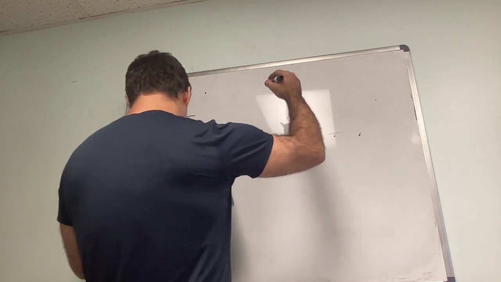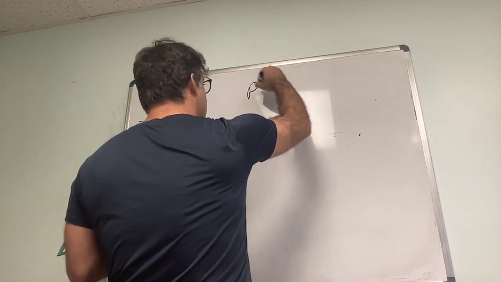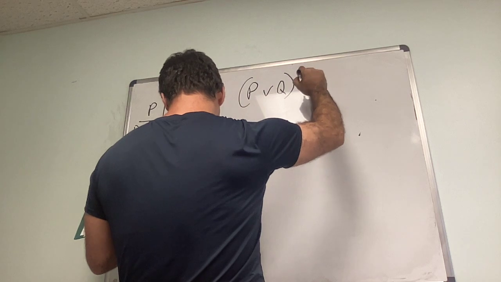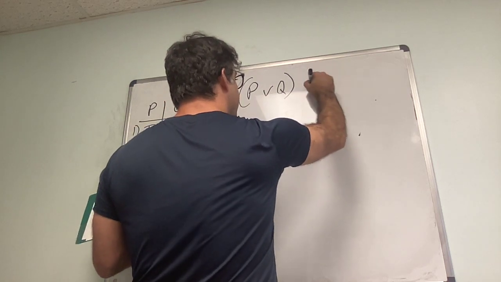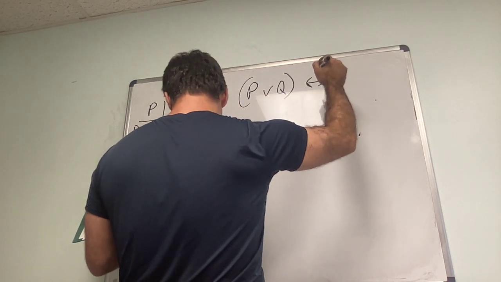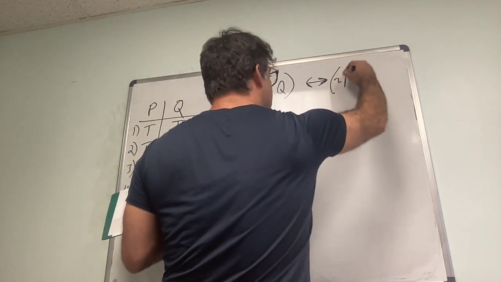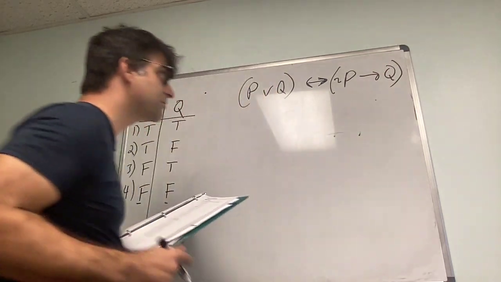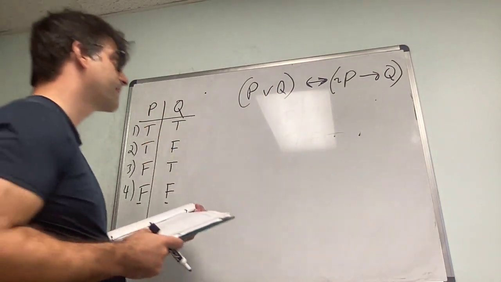Okay, 14. P or Q in parentheses is equivalent, if and only if, we got the double arrow, we got to talk about that, not P implies Q. Not P implies Q. Okay.